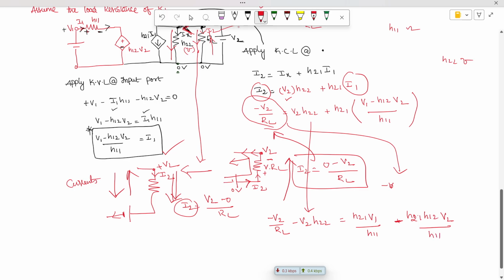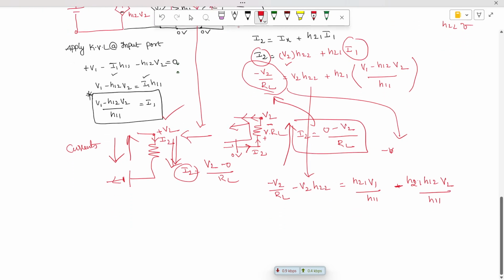So I am just multiplying these terms. Now when you take it common, we require only the V2 value. So take V2 as common. Therefore this is minus 1 by RL minus H22. When this term comes to this side, this is plus H21 H12 divided by H11, equal to H21 V1 divided by H11.